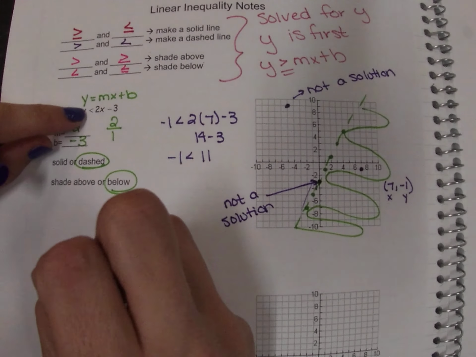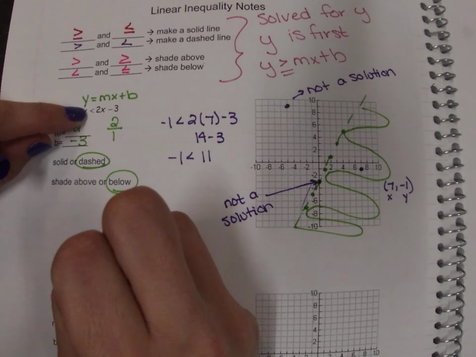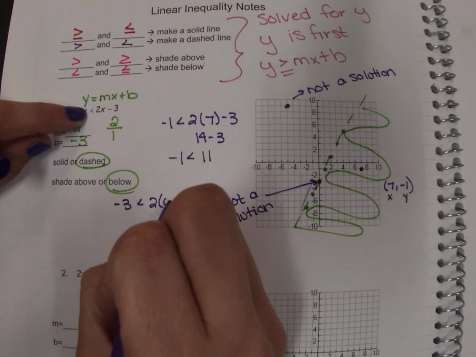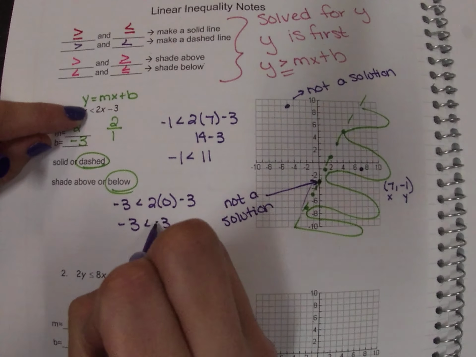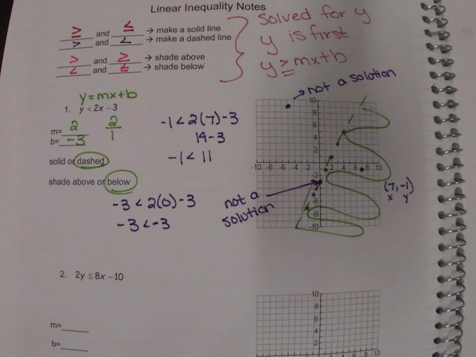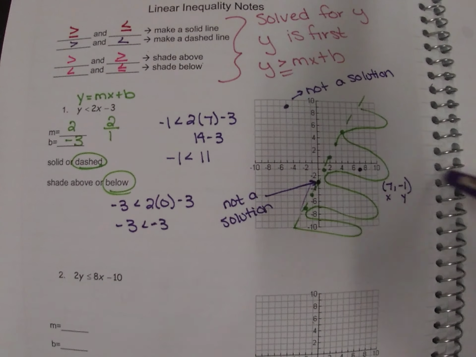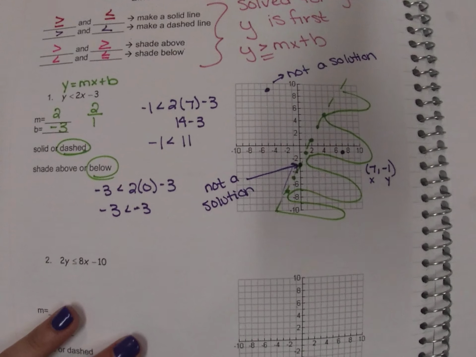So if we plug in 0 for x and -3 for y, we get -3 is less than -3. And that is not a true statement. So that is not a solution because it falls on the dashed line. Okay, but any of these, all of these over here and forever extending outwards are solutions.